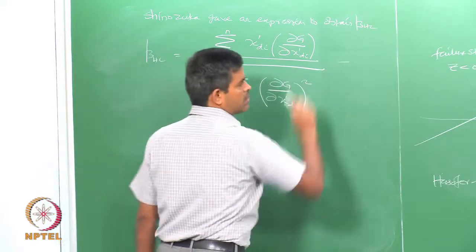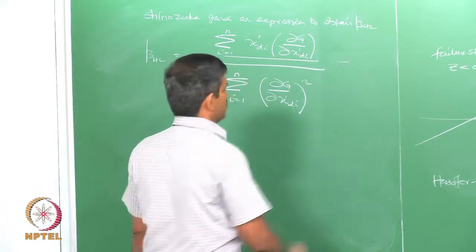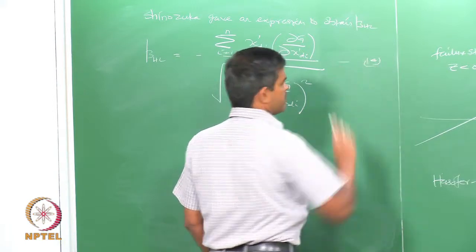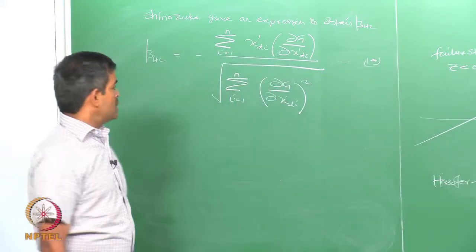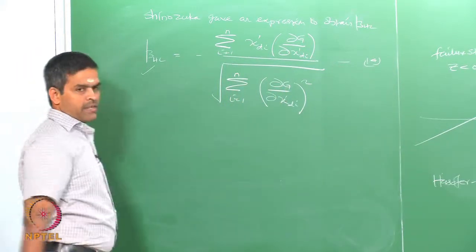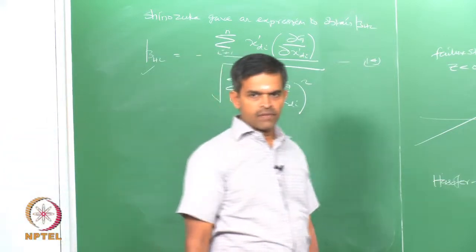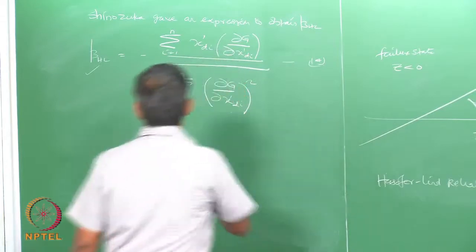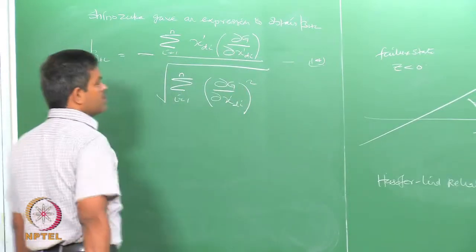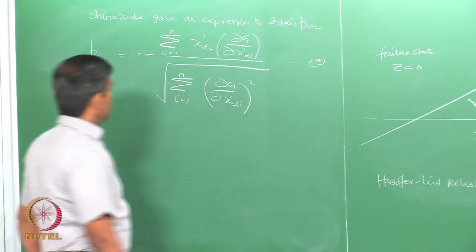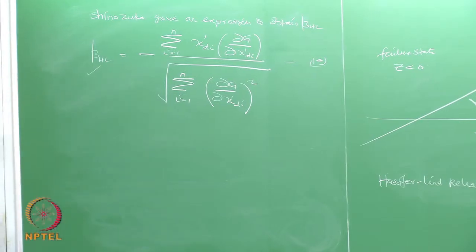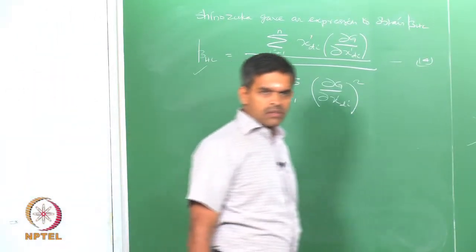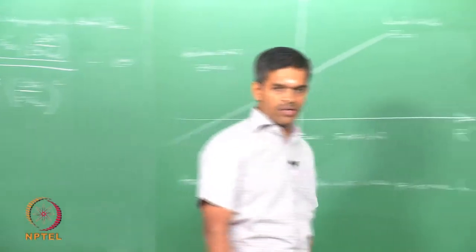I call this equation number 40. So, the Hasofer-Lind reliability index can be obtained with the equation given by Shinozuka, with a negative sign here, if the performance function or the limit state function is non-linear.